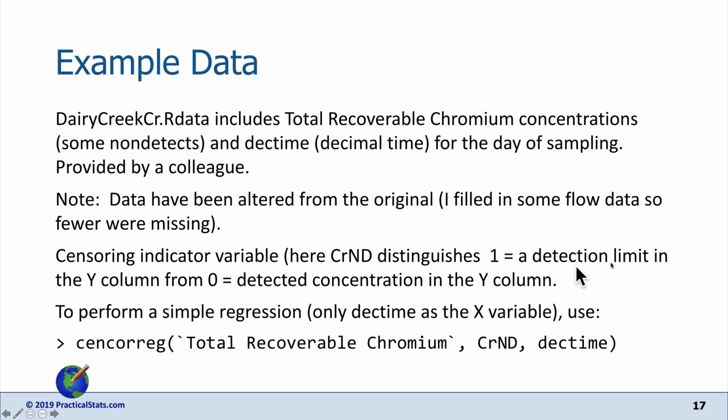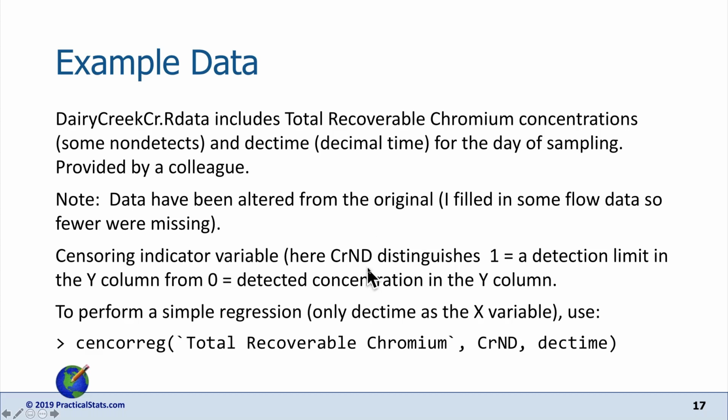So if the detection limit's 0.02, there's a 0.02 back there for that row in the data set. And the 1 tells you it's a less than 0.02. If there's a 0, it tells you that what's back in the Y column is the detected concentration. So there might be a detected 0.08 back there in the Y column. So it tells you which are which.